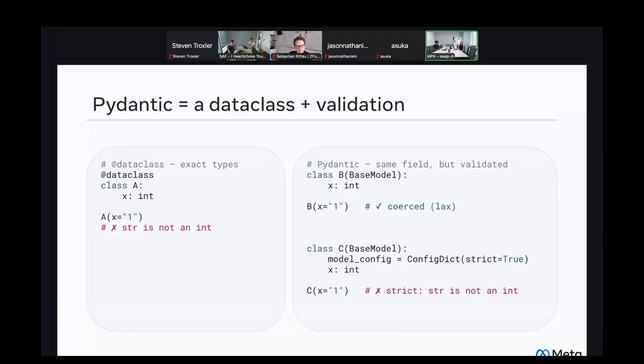Of course, a string is not compatible with an integer, so in normal data classes we would get a type error if we were to use Pyrefly, let's say. But in Pydantic, they allow runtime coercion because it is a runtime validation library. So this program actually would type check.